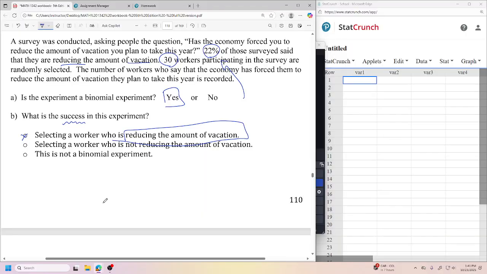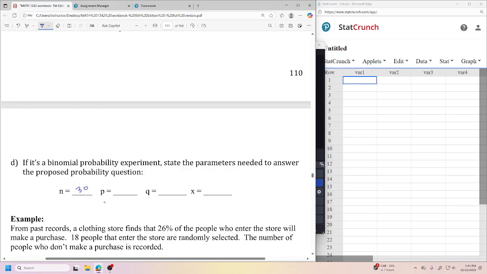On the next page, they have the numbers, and that's where the 30 and 22 come in. So n is 30, and the probability is 22%. I'm reminding you, q is always 1 minus p. So 1 minus the 22.